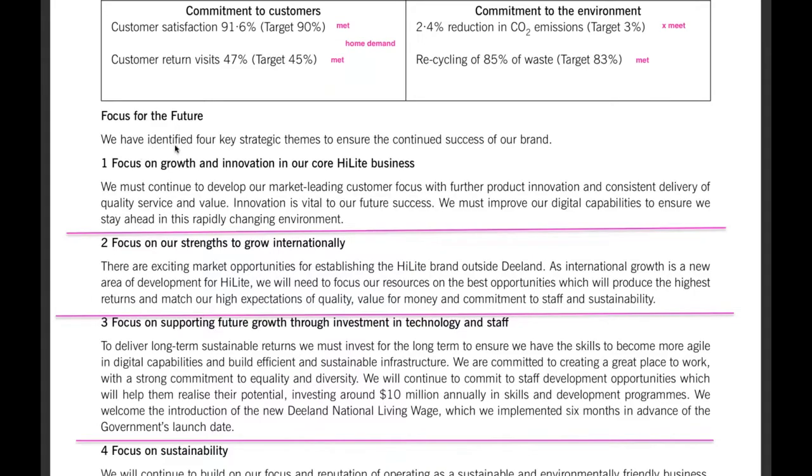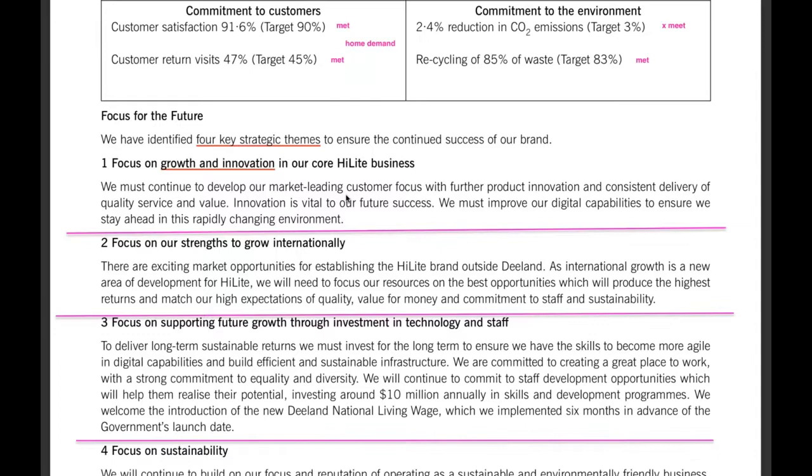All right, so here, focus for the future. We have identified 4 key strategic themes. The first is related to the continued success of their brand, so focus on growth and innovation. This is under the firm strategy.